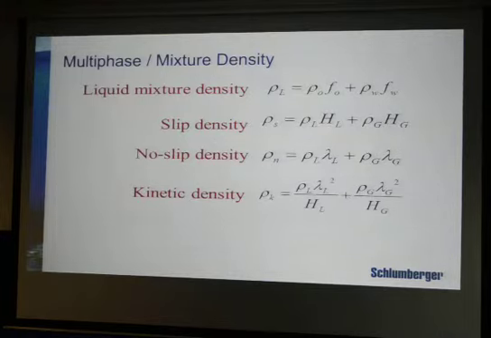Gas is having more velocity, so we consider that as a slip. So you subtract the velocity of the liquid from the velocity of the gas to get the slip velocity. So you can have a slip density where you have the hold up liquid. H_L is the liquid hold up, and lambda_L is simply the ratio of the volume flow rate of liquid versus the volume flow rate of liquid plus gas. So if you know this, then you can have these equations for slip density.